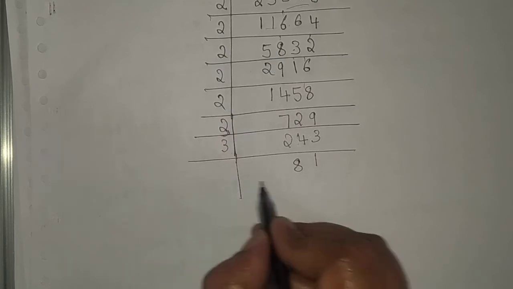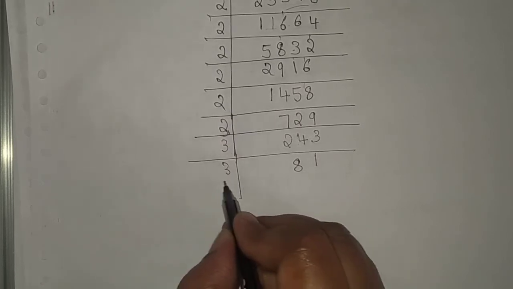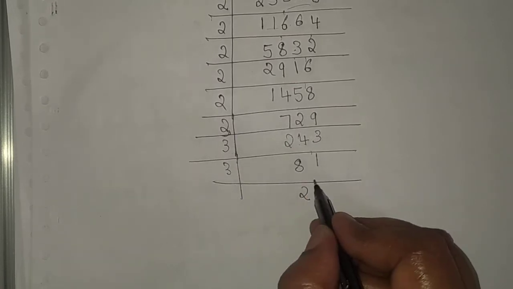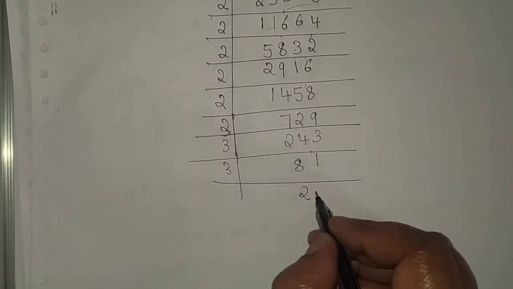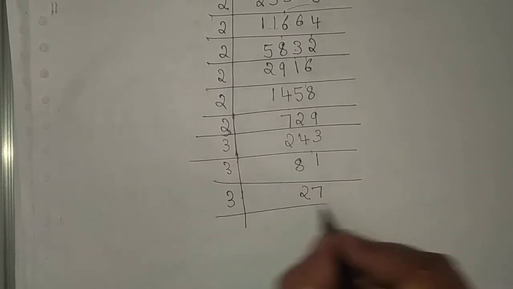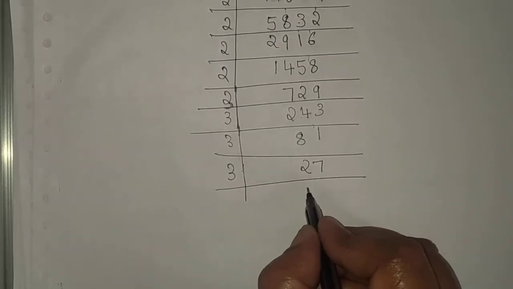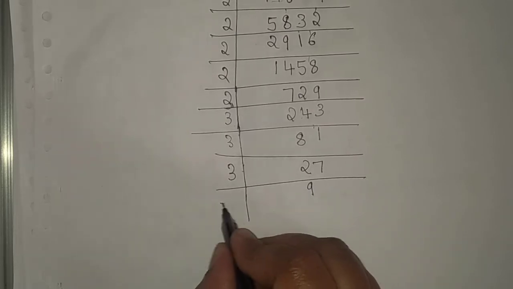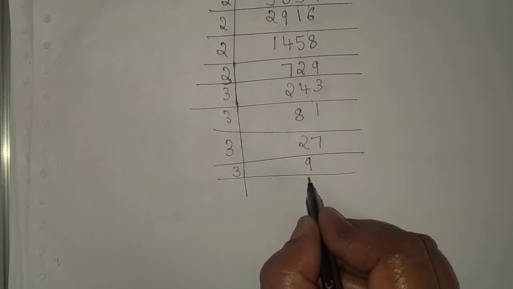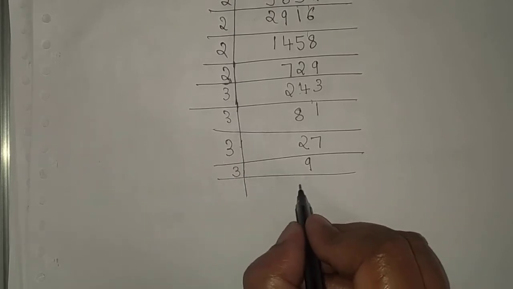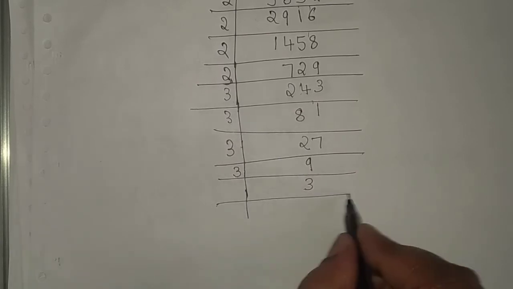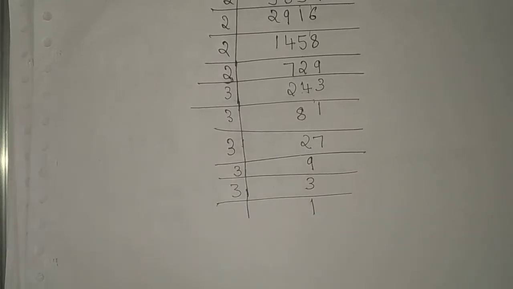Here again we'll take 3, 3 2s are 6, then 2 here, 3 7s are 21, again 3, 3 9s are 27. A little practice is required, then it will be very easy to solve the problem. 3 3s are 9, finally 3 1s are 3.